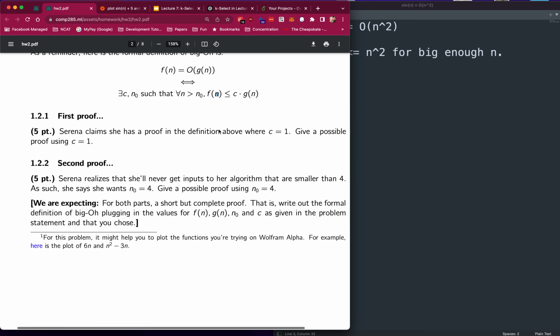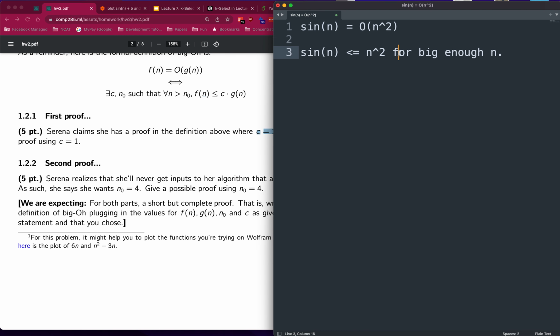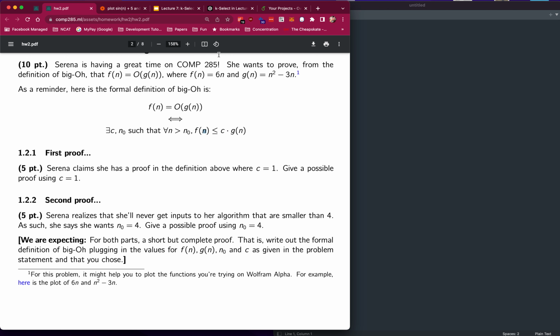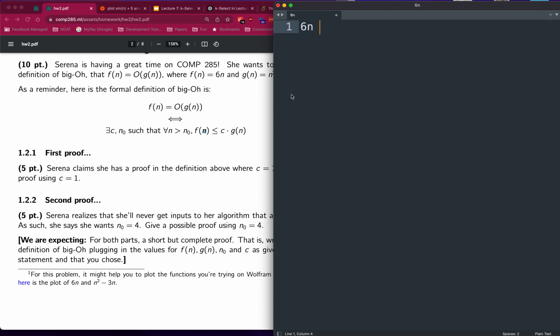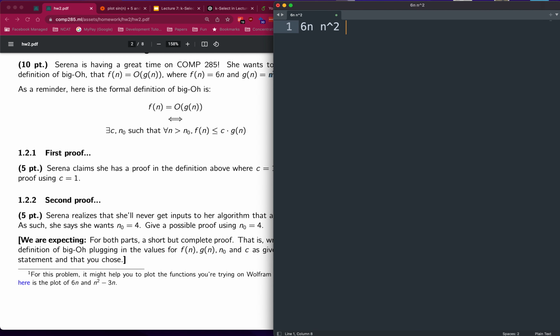For the first one, you are actually asked to use c equal to 1. If we plug in everything that we're given in the problem, you'll see that f of n is 6n and g of n is n squared minus 3n. What we want to be true is that 6n is less than or equal to c times g of n.